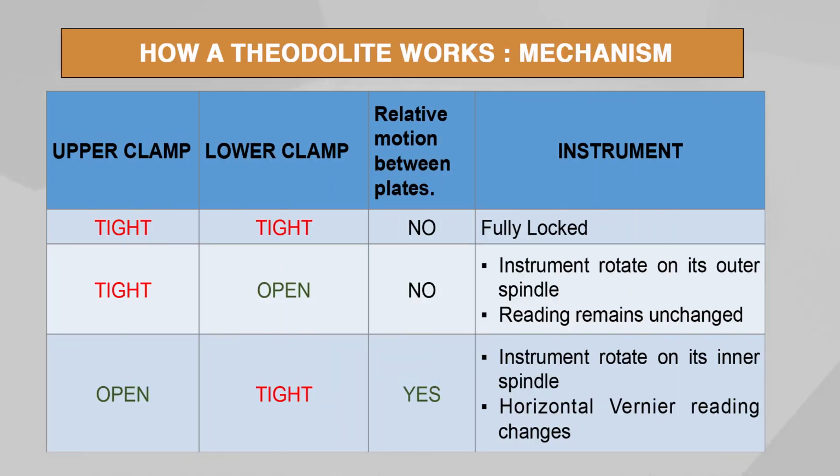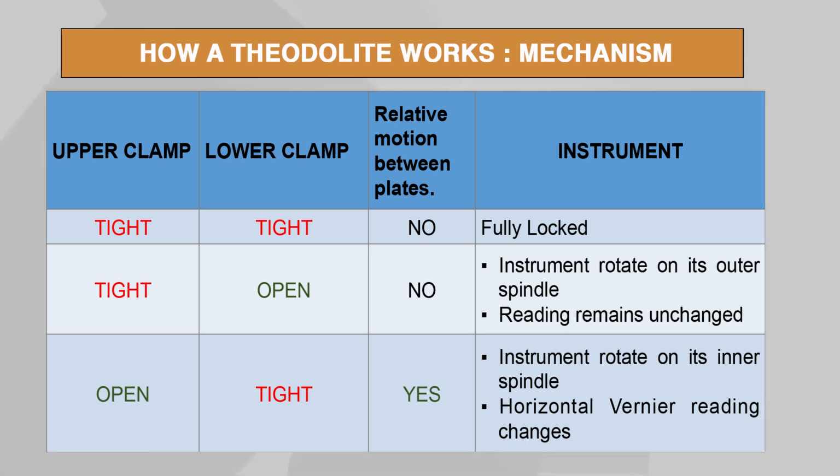The surveyor can unclamp both screws. This is done to set the instrument reading to 0 for the reference survey line. On clamping the upper clamp and unclamping the lower clamp, the instrument can rotate on its outer spindle without relative motion between the two plates.